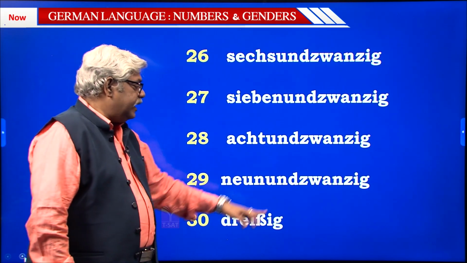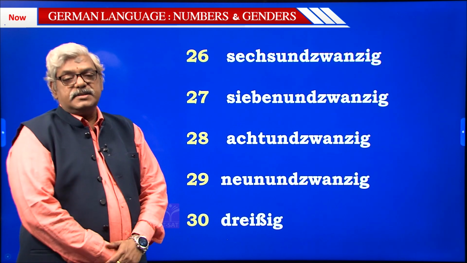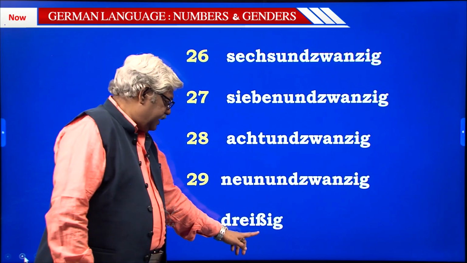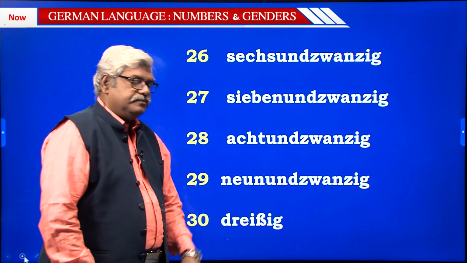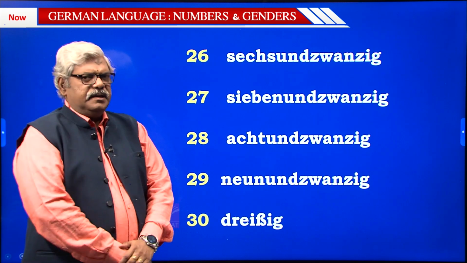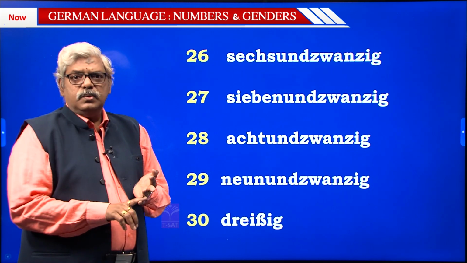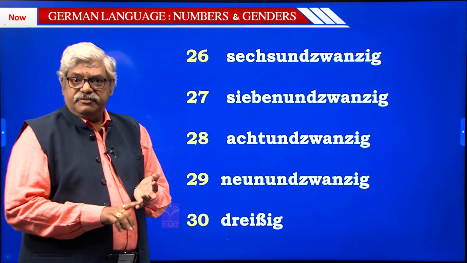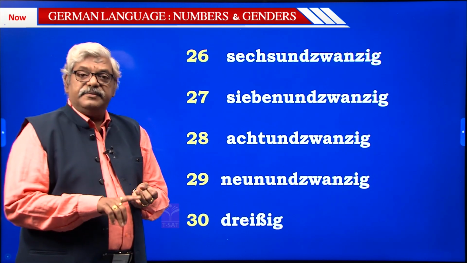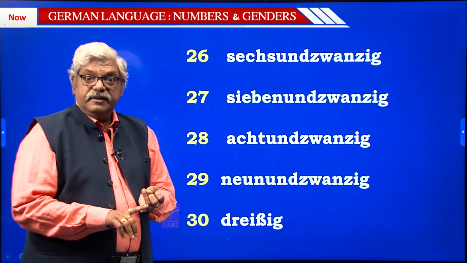30 does not have the ending which was there in the teens. It has a different ending. This is the different spelling. Even in English also, if you observe, 2 differs from 20. The spelling of 2 differs from the spelling of 20. The spelling of 3 differs from 30. 4, 40. 5, 50.